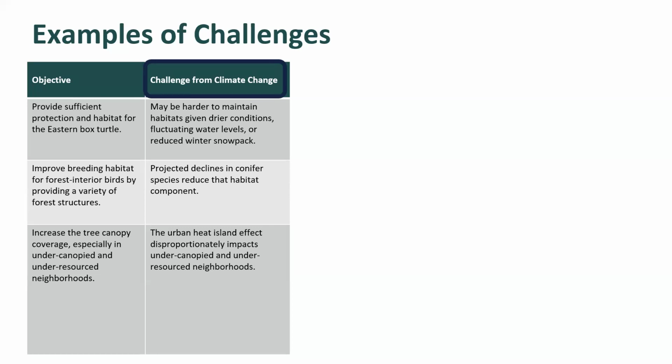The challenge identified for that objective references projected declines in conifer species, which reduces the conifer cover component of bird habitat. You can see then for each of the objectives shown here, there is at least one corresponding challenge, but in reality, you will likely identify 2 to 3 challenges for each objective.